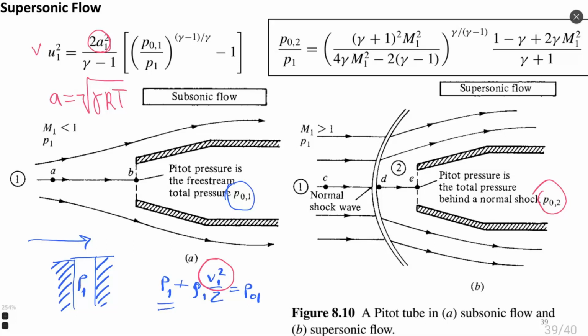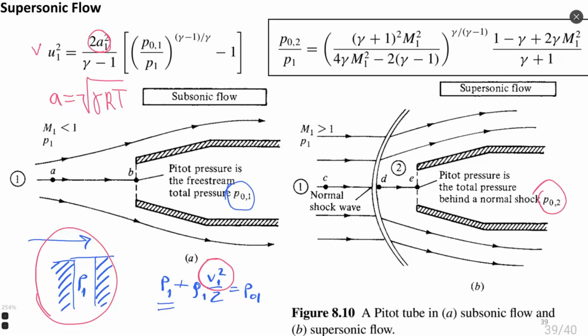It's a formula on the top right side of this slide that gives the relation between stagnation pressure inside the pitot tube and static pressure. This static pressure P1 is also measured in the same way.